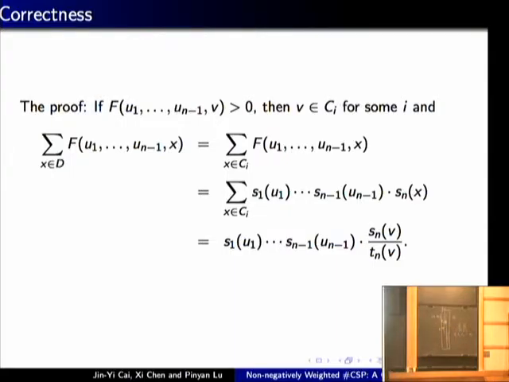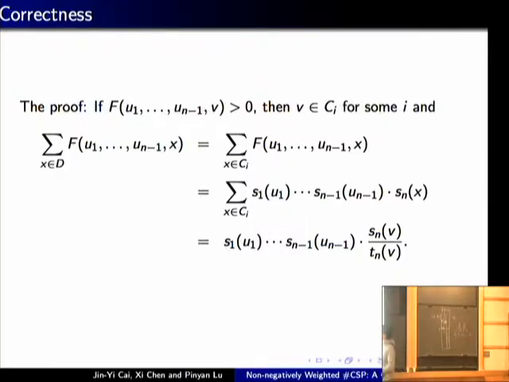Now we can replace this sum over the domain by a sum over Ci, because we know that u is in block i, so all these entries are 0 except the columns in Ci. We also know that if x is in Ci, then this entry is positive because of the definition of the block, and we can replace it by what we get from the vector representation.